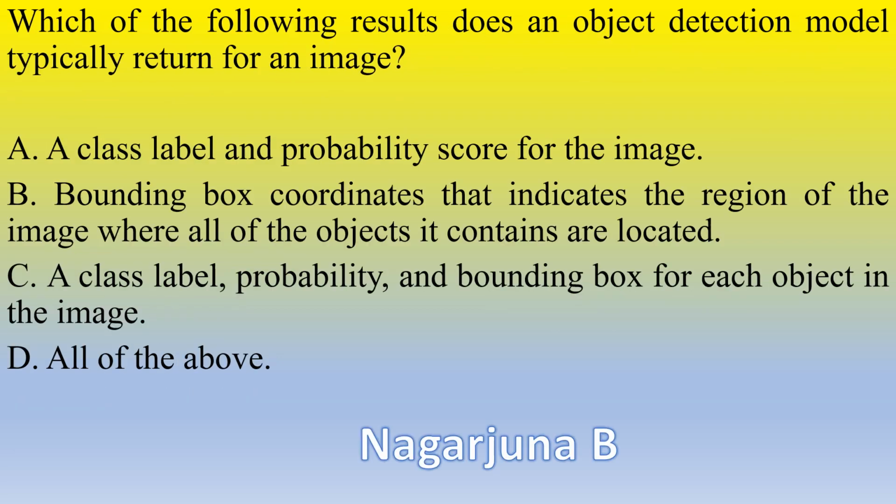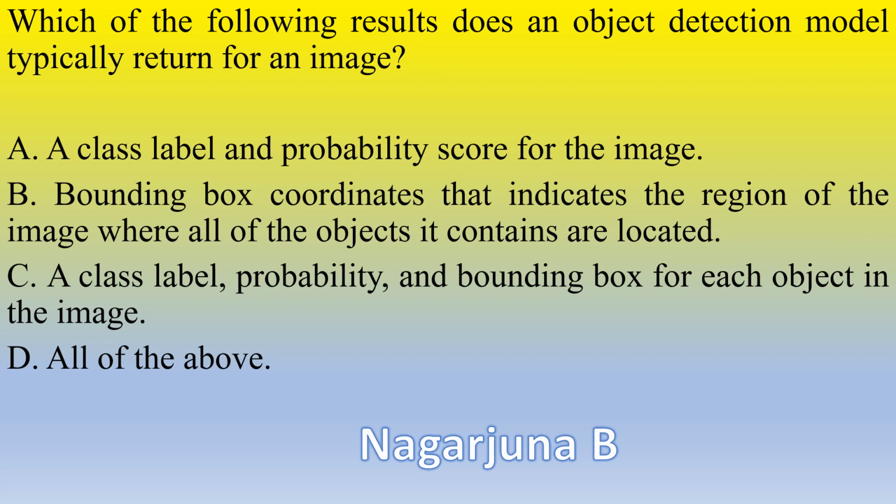Which of the following results does an object detection model typically return for an image? Option A, class label and probability score for the image. Option B, bounding box coordinates that include the region of the image where all of the objects it contains are located.